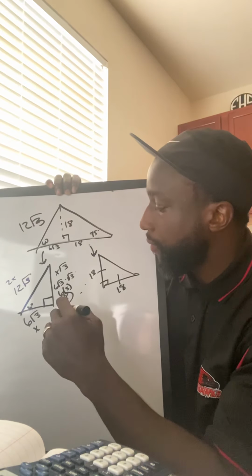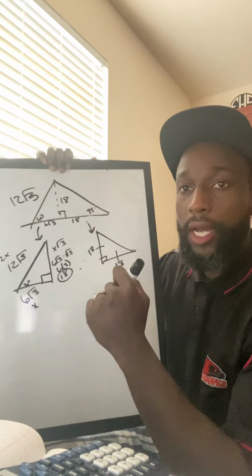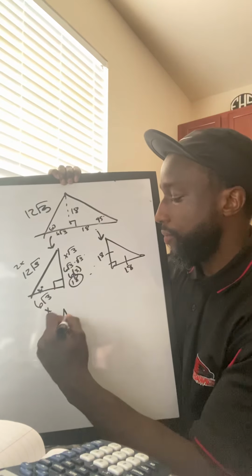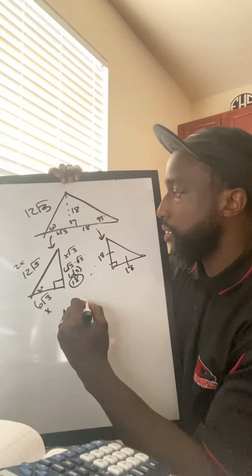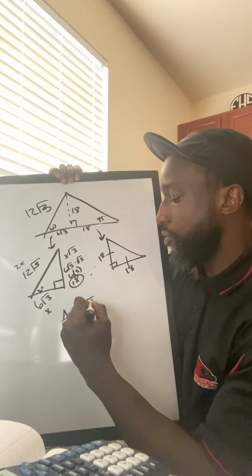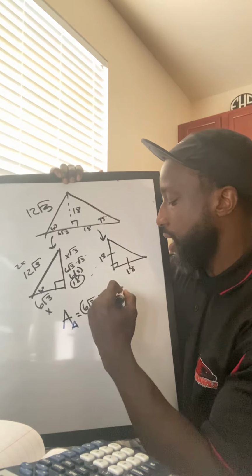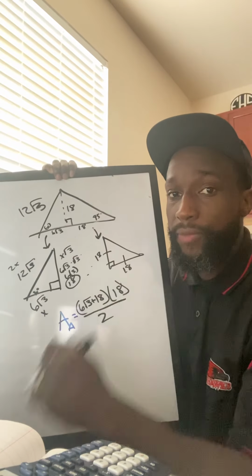Okay. So now we've got the height and we've got the base. So now we can find the area. The area is going to be the base, which is 6 root 3 plus 18, times the height, which is 18, all over 2. Okay?